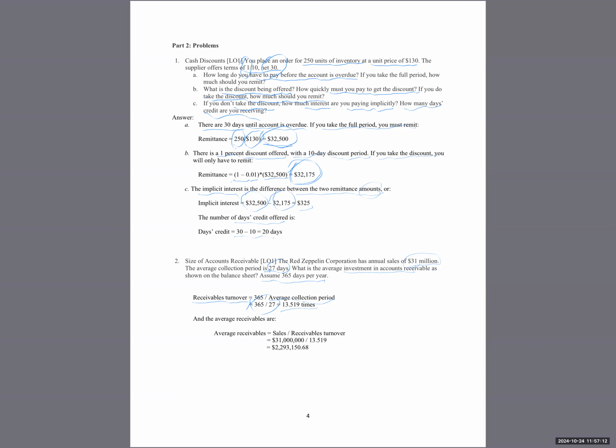And then the average receivables are calculated by sales over receivable turnover. So the average investment in accounts receivable is $2,293,150.68. Okay, that's the average receivables.